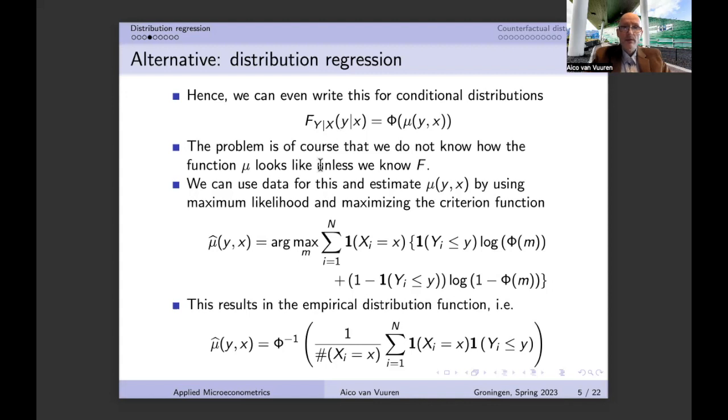Well, that's actually possible. It's not that difficult, because what we could do is estimate this with maximum likelihood, at least at the moment that x is going to be discrete.